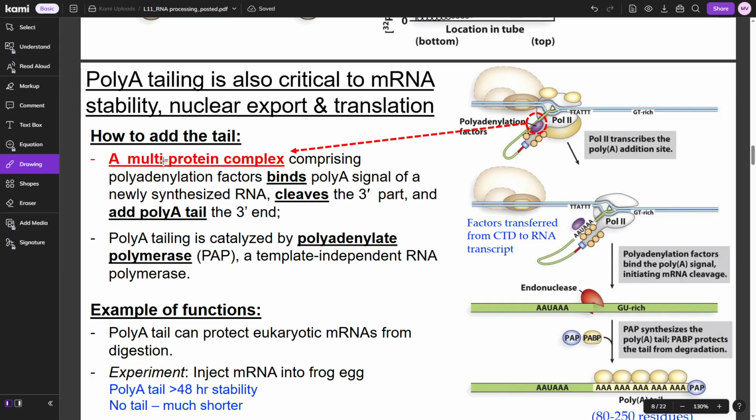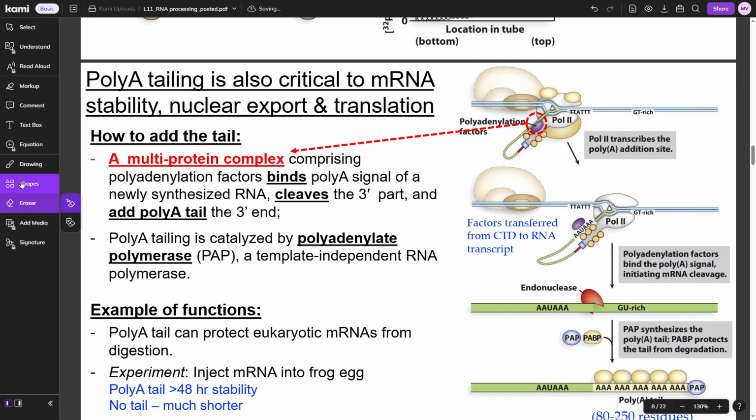All right. Anyways, so now back to this. What you should know from this is that we cleave the 3' end of an RNA to add the poly A tail.